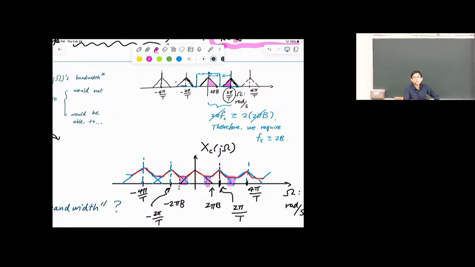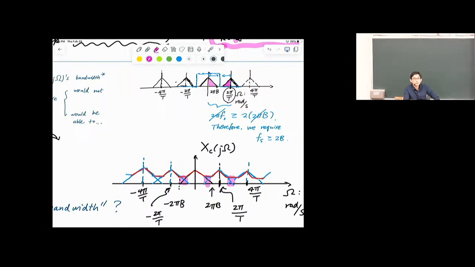They are mixed. They are messed up. They're added on top of one another. So when they're added on top of one another, there's no way to separate them.